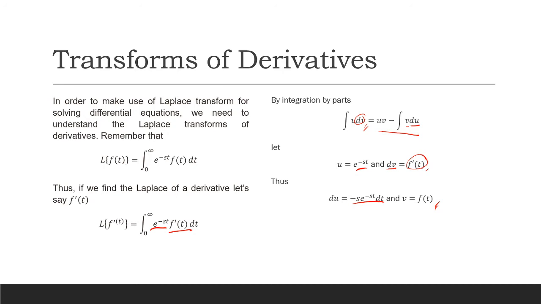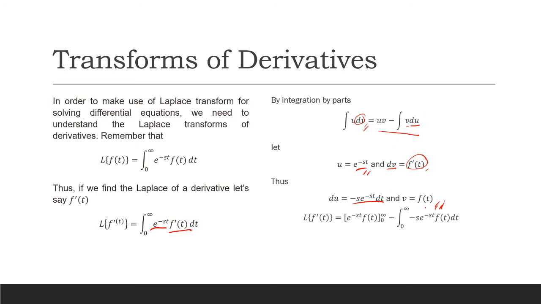Now, we substitute sa integration by parts natin. We have u times v. That is e raised to negative st times f of t. So, take note, it's an improper integral, so we need to evaluate pa siya from 0 to infinity. Minus integral of v du natin.